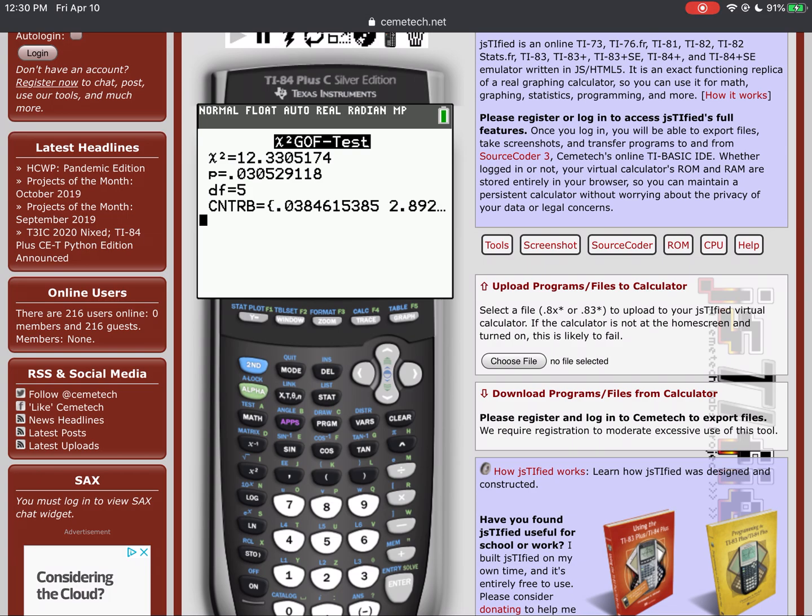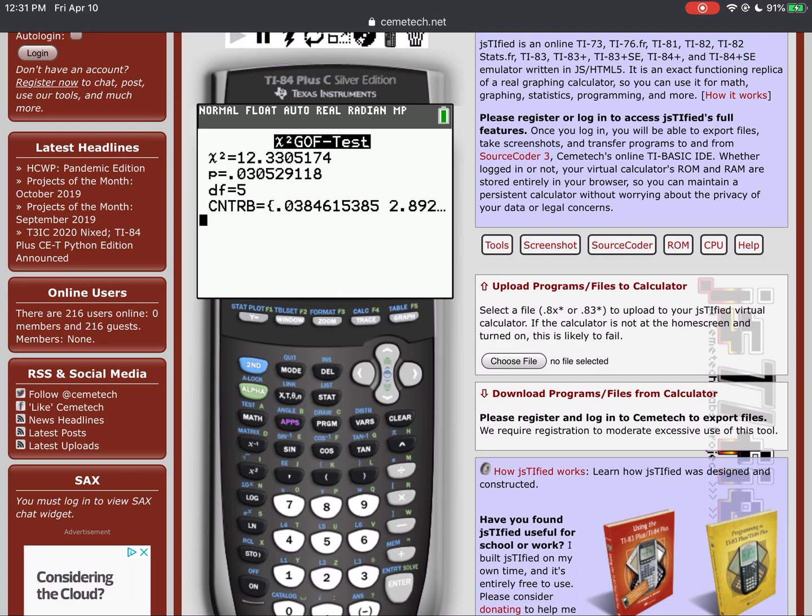So we can see that this is going to be one of our wishy-washy p-values. 0.03 is greater than 1%, but it's less than 5 and 10%. So that means that this result, if I'm trying to be 90 or 95% confident, is statistically significant. I would reject the null hypothesis, and I have evidence to support that for peanut butter M&Ms, at least one of the colors is not in the same distribution as the milk chocolate M&Ms.